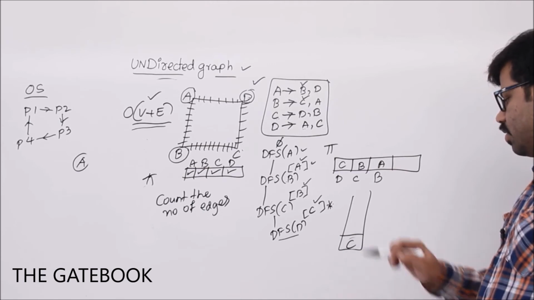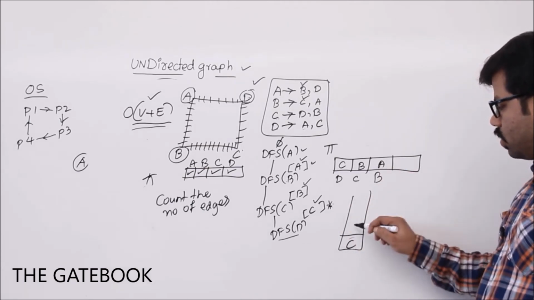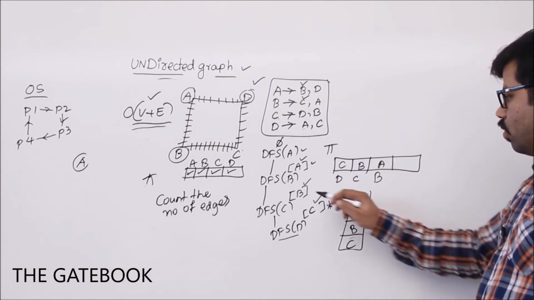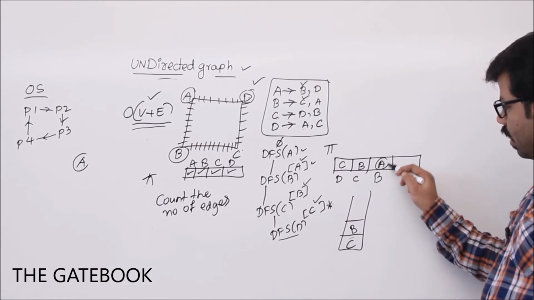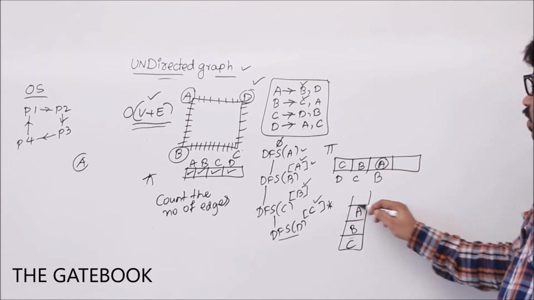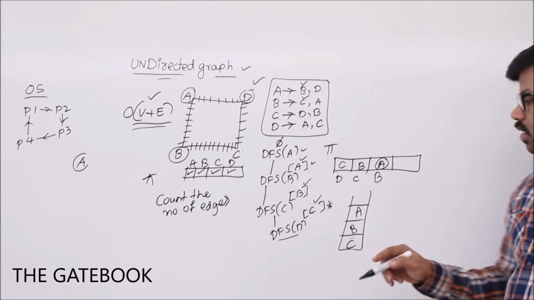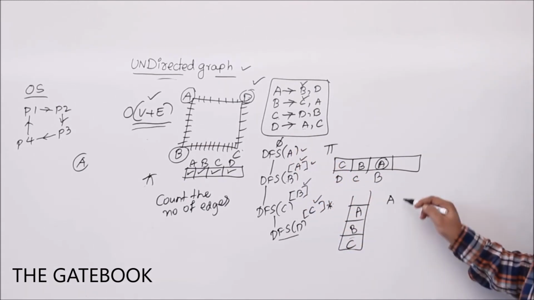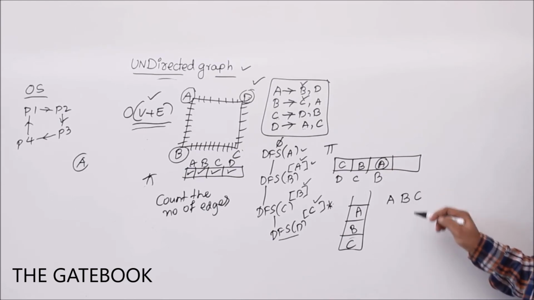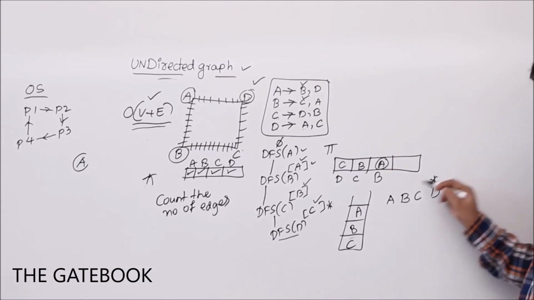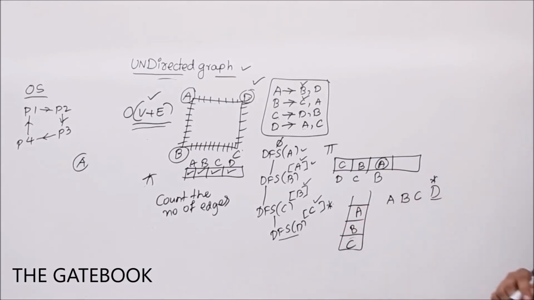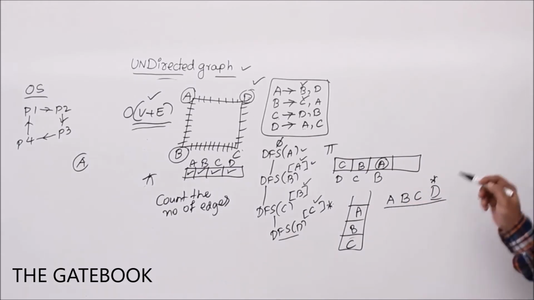What is that? C. Next, go to C, push the parent into the stack. Now go to B and push the parent of B to the stack. Stop because you reached A. Whenever you reach A, stop. Then print them one by one: A, B, C, and D is the vertex where you detected it, right? Add it. So I can say that the cycle is A, B, C, D.